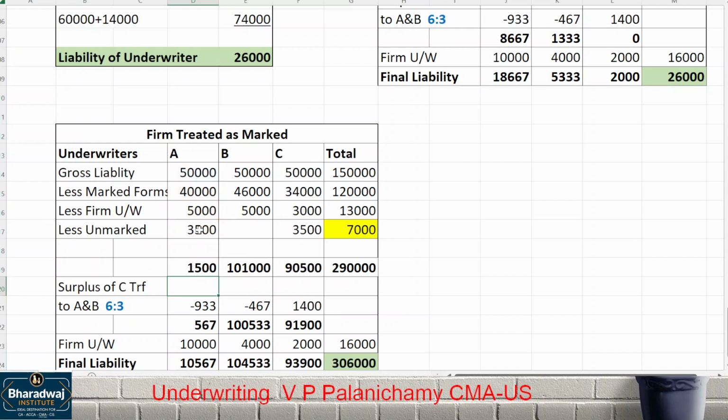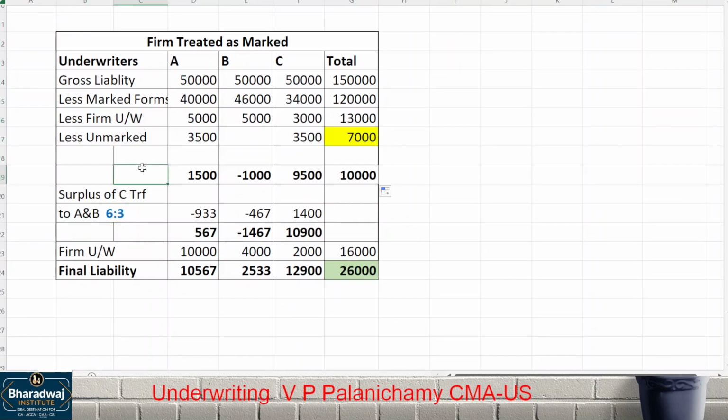Marked forms and unmarked applications, you reduce it, you may get some surplus. And please remember, it is clearly instructed to us that credit for unmarked application should be given only to A and C. So 3,500 for A and 3,500 for C. Surplus of B transferred to A and C in their ratio. What is the ratio between them?